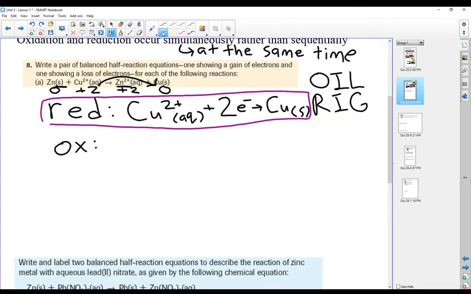Then let's take a look at my oxidation half reaction. We already said that copper is undergoing reduction. It is gaining electrons. Zinc starts out as a solid, and it is losing electrons. So it's going to become zinc 2+. It becomes an ion, 2+, and it loses 2 electrons.